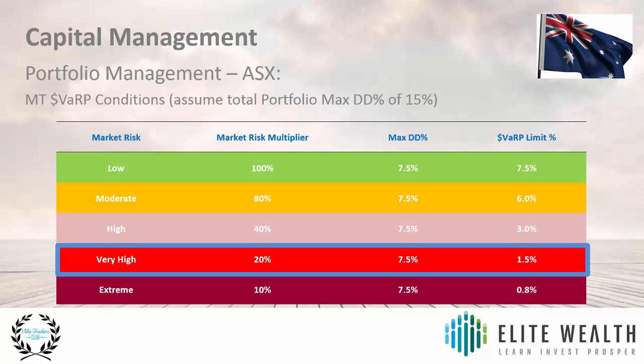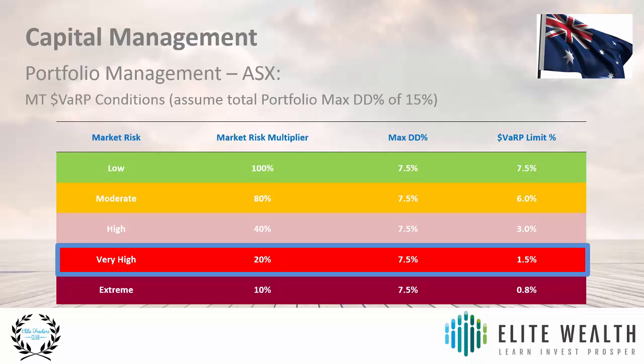Again, remembering if you're splitting your portfolio amongst the two markets and assuming you've got a 15% allowable drawdown in your trading plan, that assumes that you are operating in a low risk environment. What you need to do is be diligent and make sure that you're applying a market risk multiplier to that maximum allowable drawdown when you're looking at the market risk conditions. So if we were splitting our 15%, that's 7.5% allocated to each of the markets.